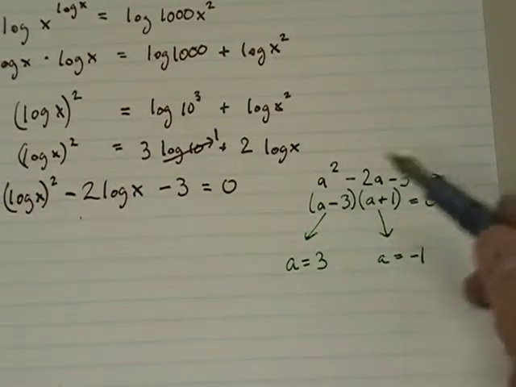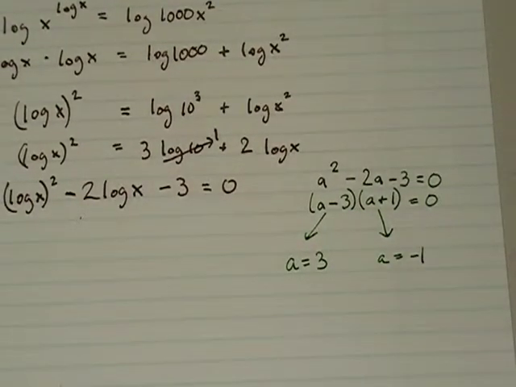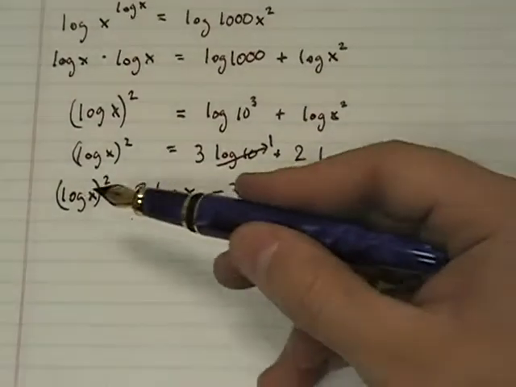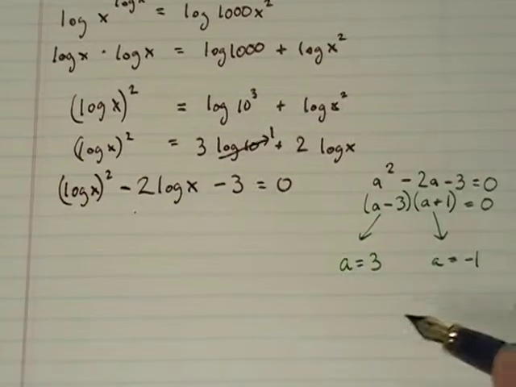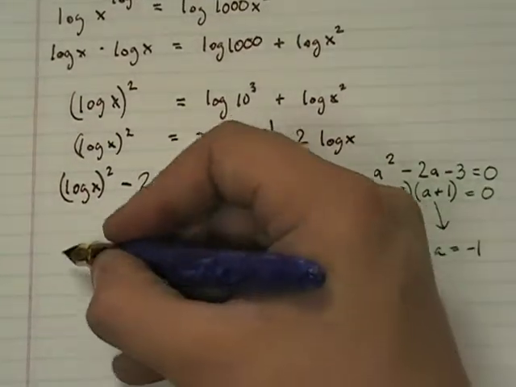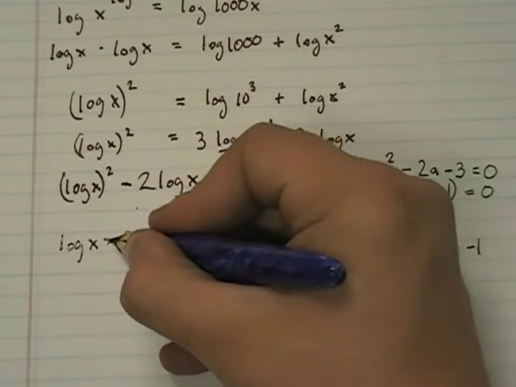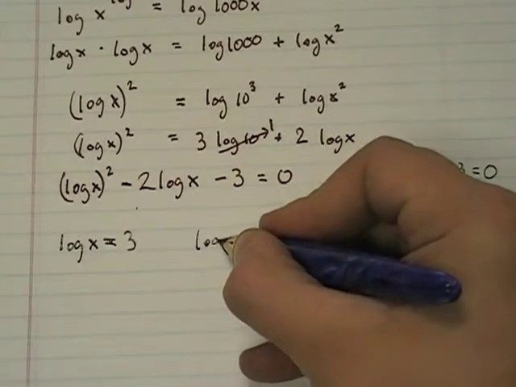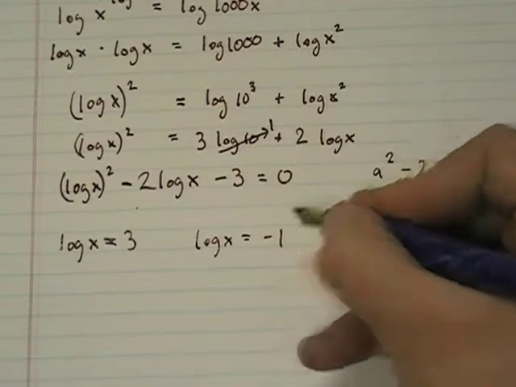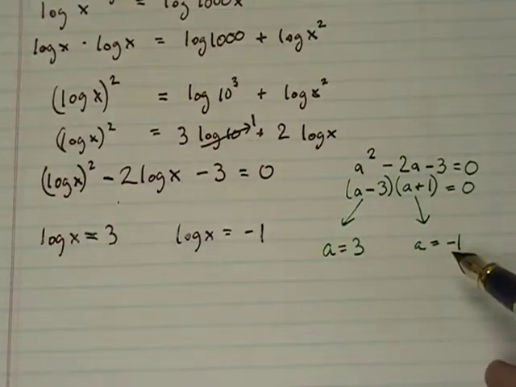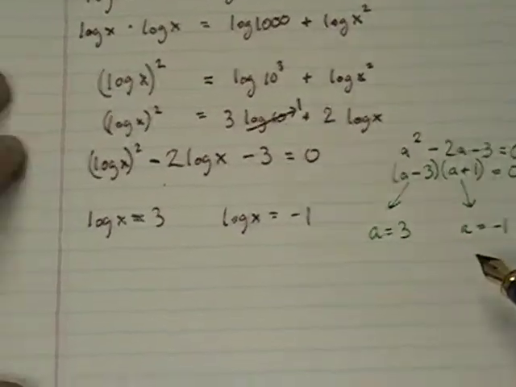Now take this little substitution equation that I just did, and everywhere you have a, plug back in log of x. So what do we have? We have log of x equals 3, and we have log of x equals negative 1. So we took a and put log of x.